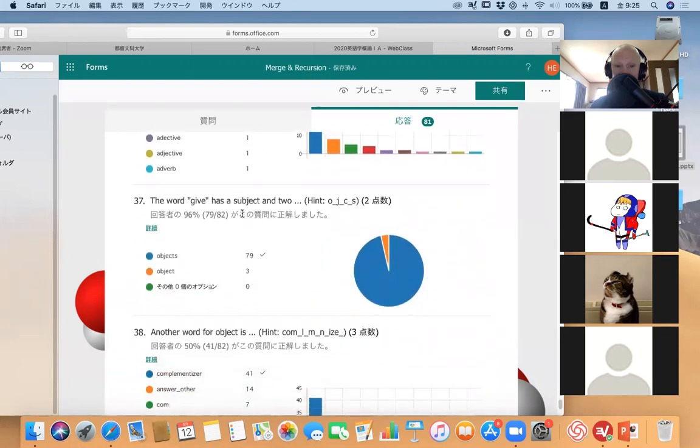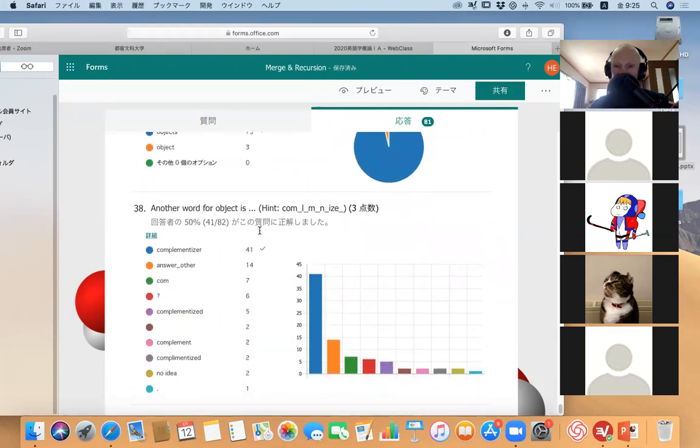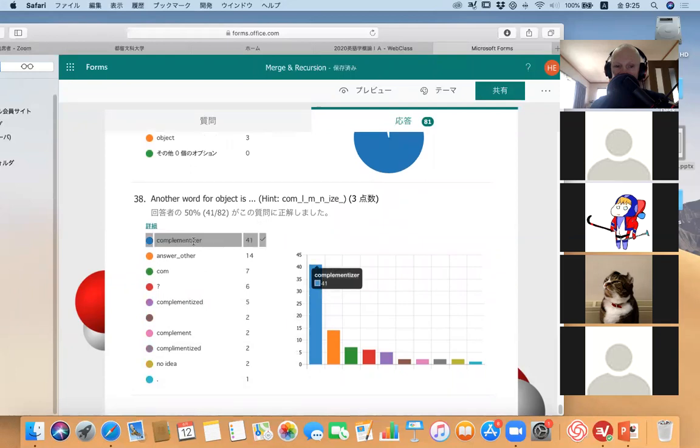The word give has a subject and two objects. Okay? And then you've got another word for object, I just gave you this before, it's complimentizer. That's wrong.